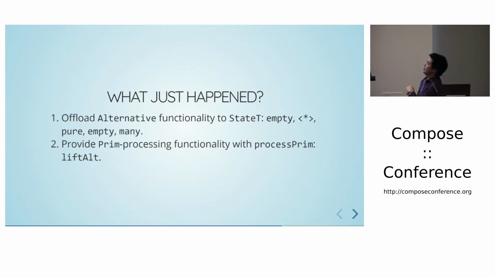So in a way, StateT did 83% of the work, and we did 17% of the work, 1/6 of the work. But really, it makes sense because StateT, or Alternative, gave us 5 of the 6 parts of our question, and we provided the one missing piece. So this is saying that if you can provide the one missing piece, Alternative will handle the rest for you. That's the nice magic of it.